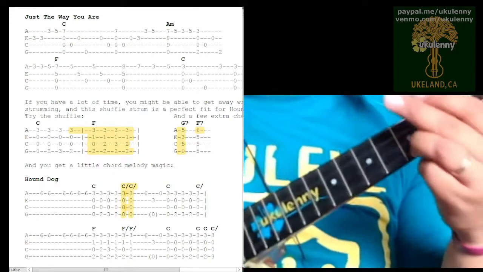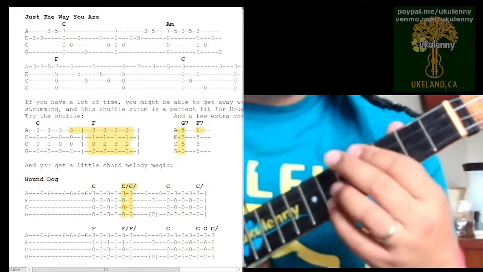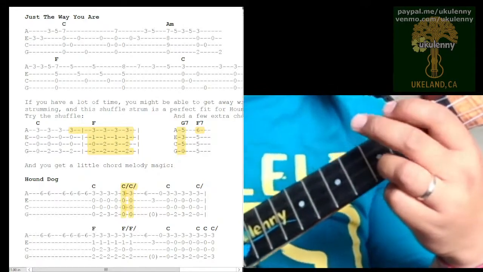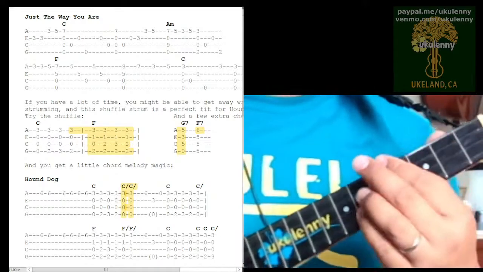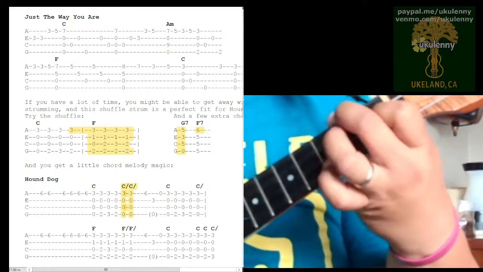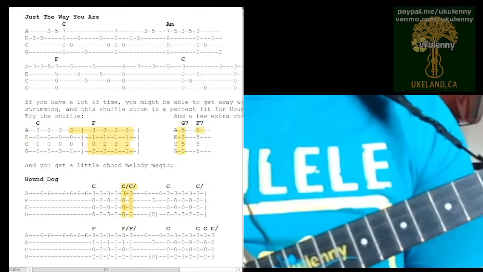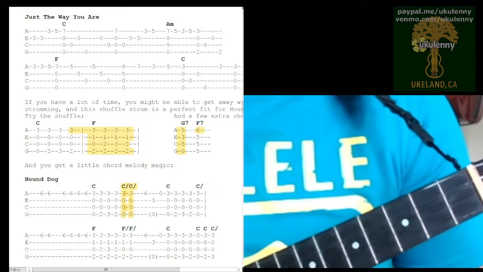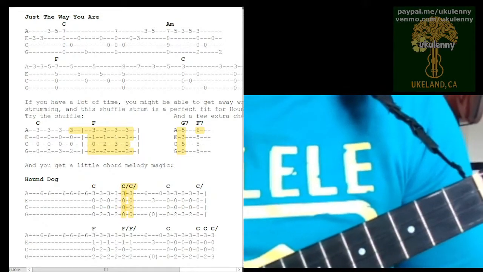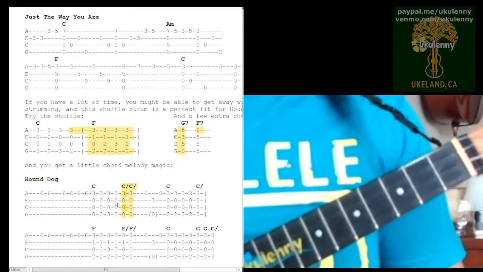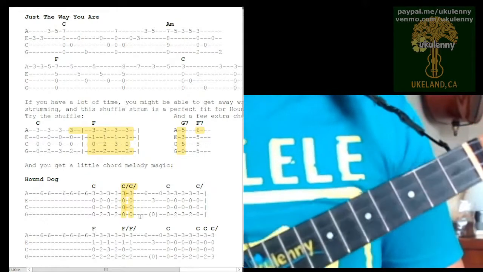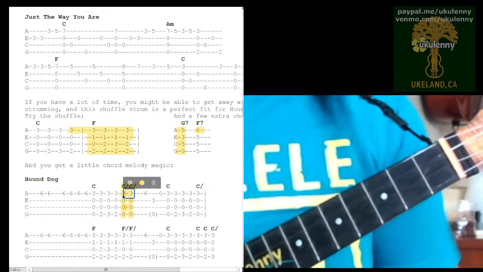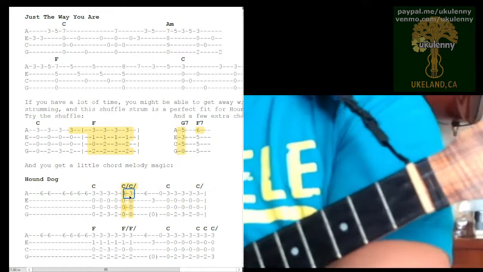And then you get to do whatever you want. So that's actually what this song is doing, is I'm playing the melody and I'm just kind of adding the chords at the end. It's kind of a nice way to go about doing the arrangement. It's just chord and then melody, melody, melody, and then chord again.